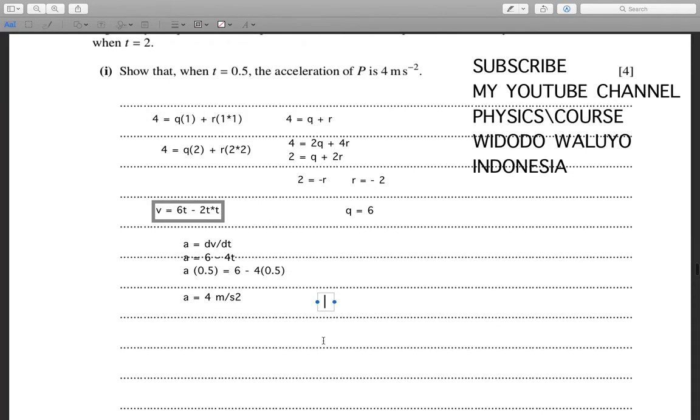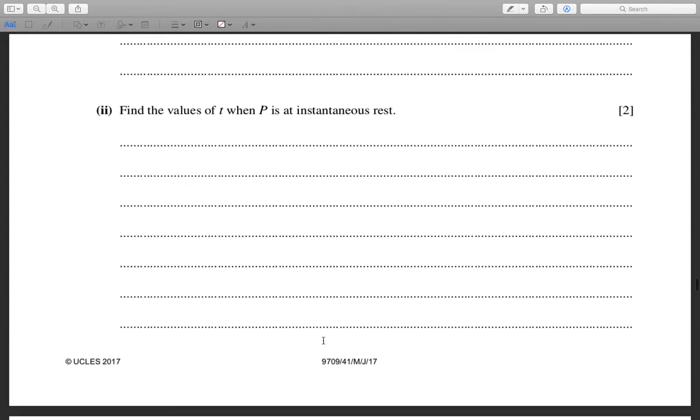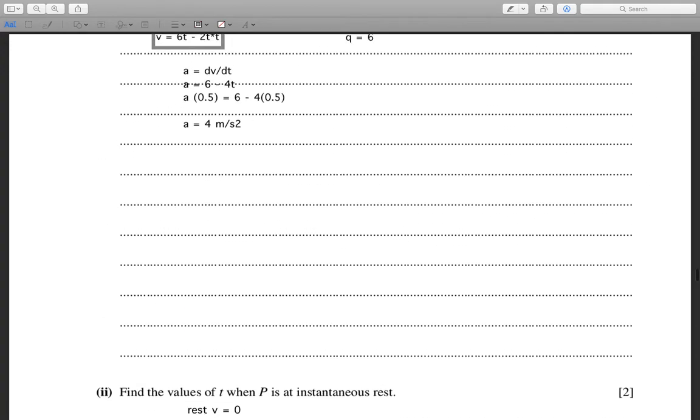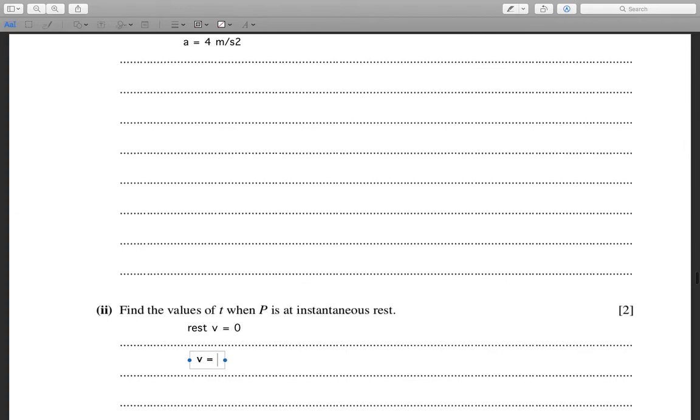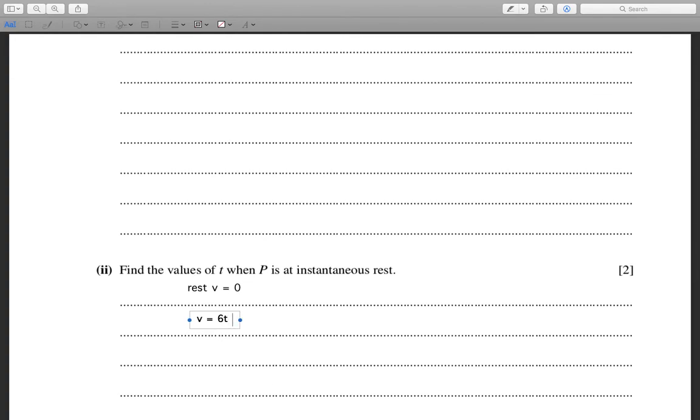Okay, continue to question 2. Find the value of t when P is at instantaneous rest. When at rest, v becomes 0. So we have the equation v equals 6t minus 2t squared.